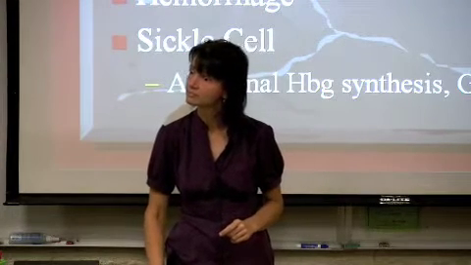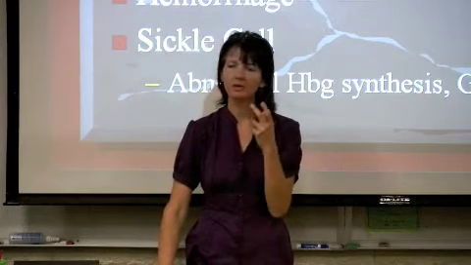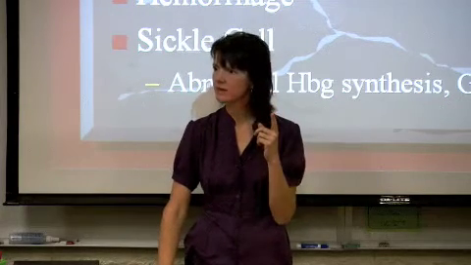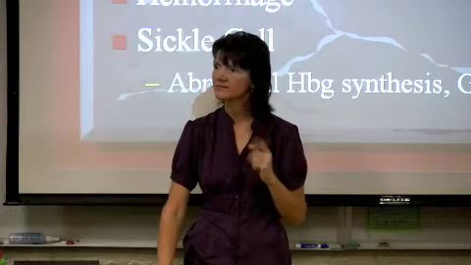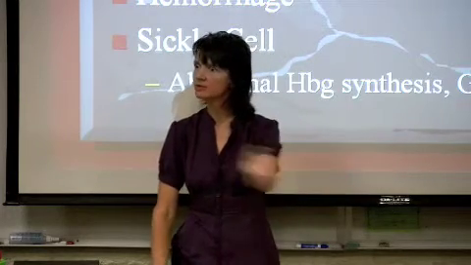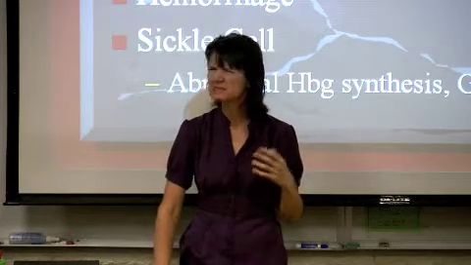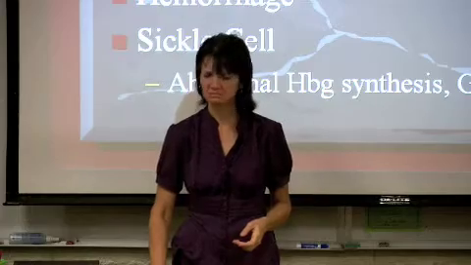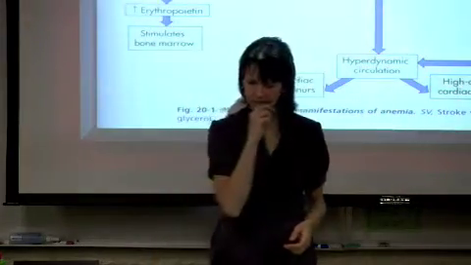The hemoglobin protein chain is missing one amino acid. One amino acid causes that disease. It's amazing that anything ever works right in the body. Really. It really is amazing. Okay.